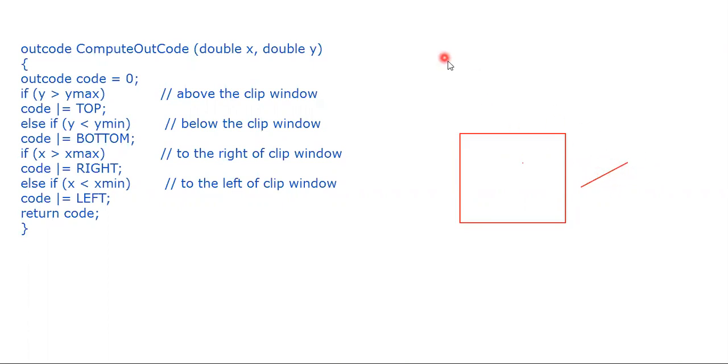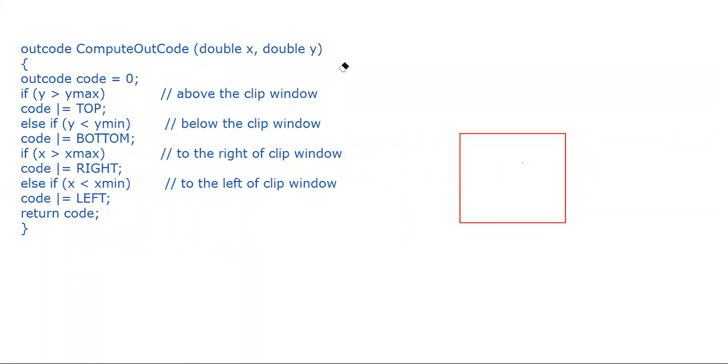Finally, the last one is this line: if x is less than x minimum, you should clip this. So I hope you understood all four conditions.